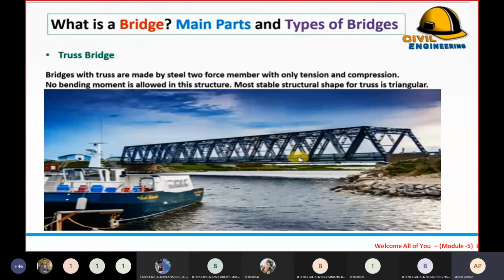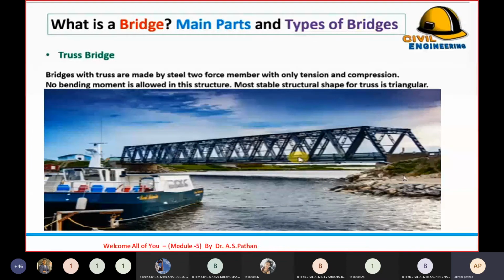Then if you see here, we have the river, then we have the truss bridge here. Now the bridges with truss are made of steel, two force members with only tension and compression. We have the tension member and we have the compression member.